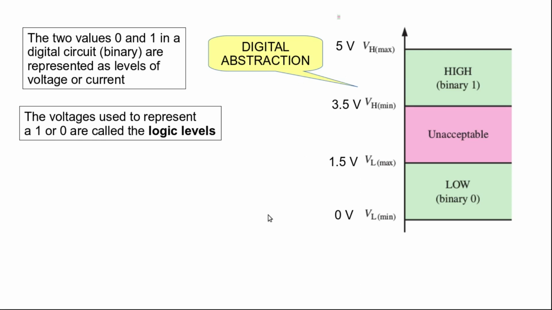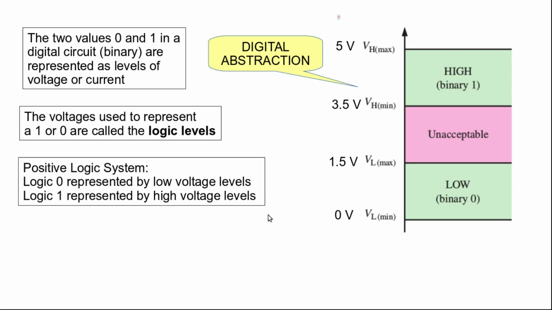And now what may happen is, in a positive logic system, the 0 is represented by the low voltage level and 1 is represented by the high voltage level. That is, when the representation is something like this, it is called a positive logic system.